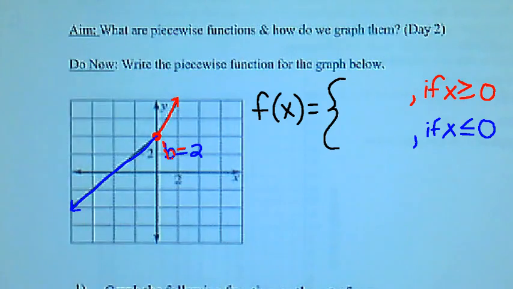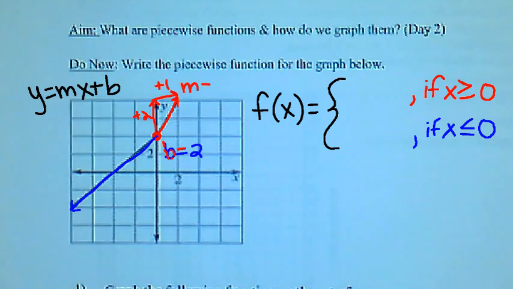Okay, so all I'm doing is I'm writing this into y equals mx plus b. I see that they are both lines, so I'm going to write y equals mx plus b. So let's do the top one first, the red. So what I notice is that we go up 2 and right 1. So m is equal to 2 over 1.